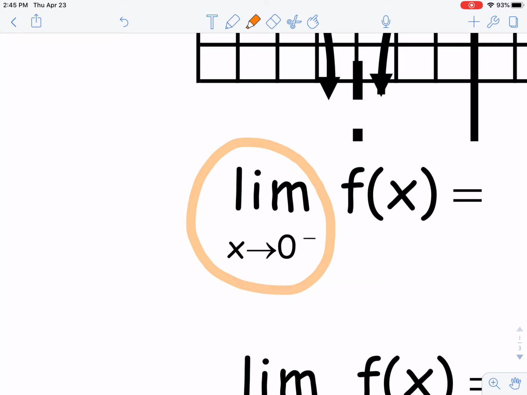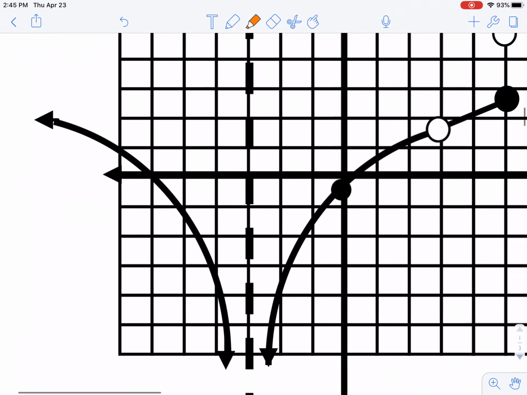So when I say in this first problem, what is the limit as x approaches 0, and this negative means from the left, what I mean is, where is the graph going towards as I approach 0 from the left on the x-axis. So like this is the x-axis and I'm approaching 0, which is right here, from the left-hand side. Now this graph is a little bit off.